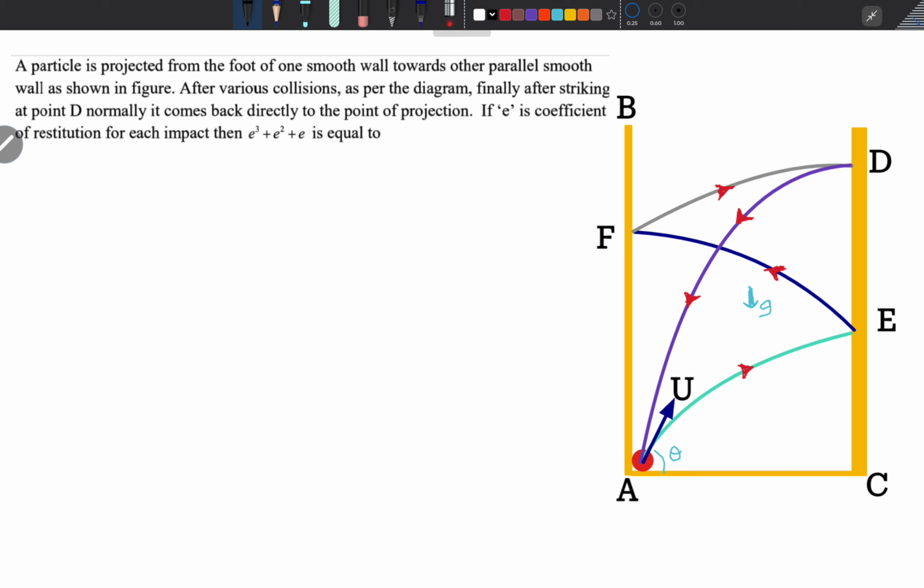Now the ball here will resolve its velocity into ux and uy. When it comes and collides, the vertical component of velocity will become v1y. Then it will rebound with a velocity eux.